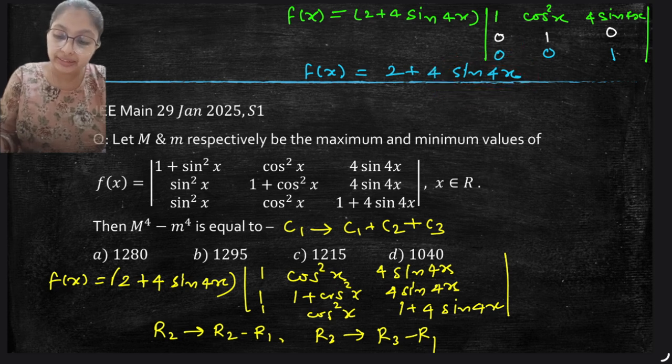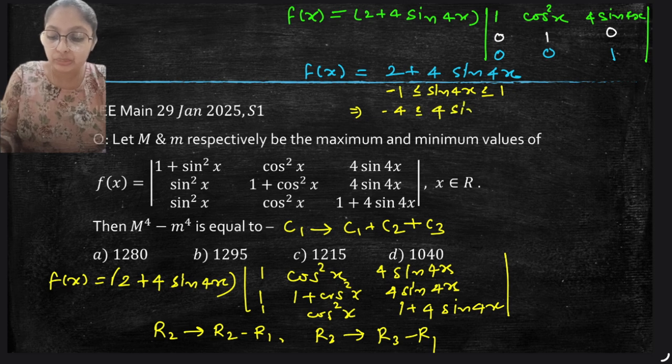So from here can I write that sine 4x is always between minus 1 and 1. So from here we can say 4 sine 4x will always be between minus 4 and 4. Now how to make it the same? By adding 2. If I add 2, we'll get minus 2 to 6.